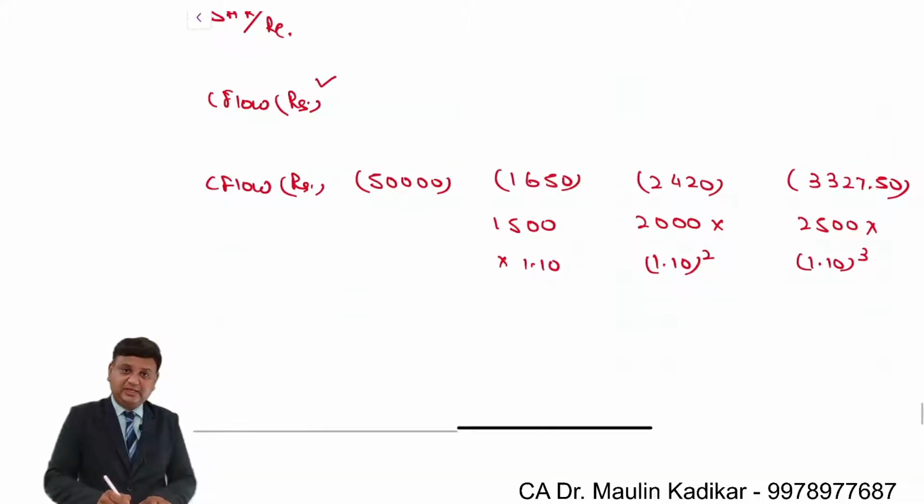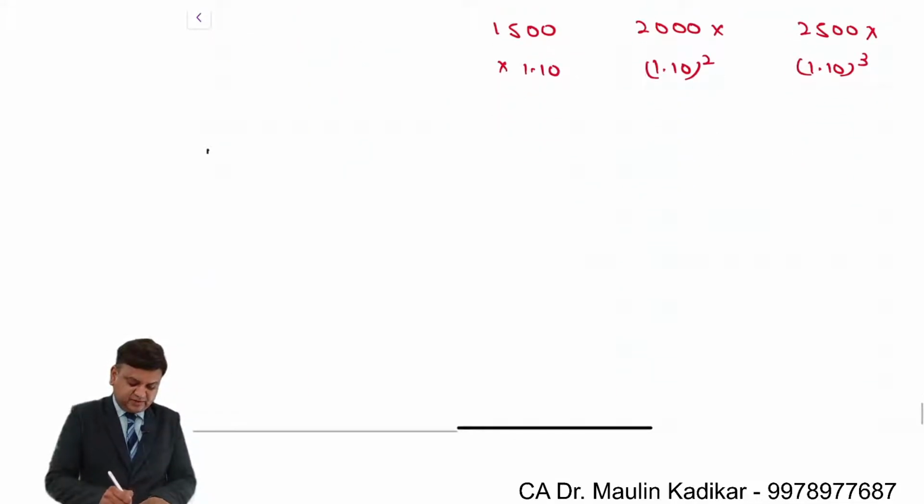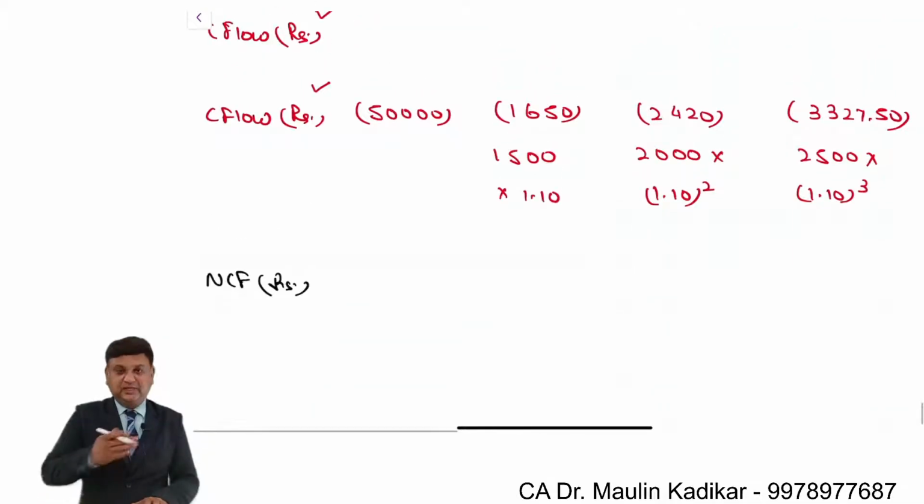This is in nominal term. So we can add both of them, and that is the way we compute the net cash flow in rupees term, in nominal term, year 0 to year 3.